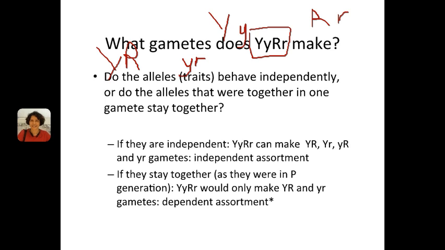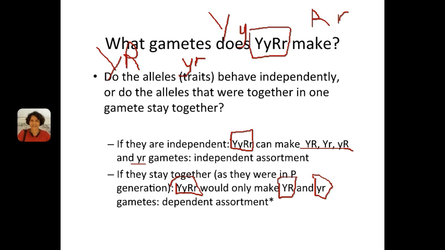If assortment is independent, then this individual, big Y, little y, big R, little r, is going to be able to make 4 different gametes, and we're going to see that more clearly in an upcoming slide. If they stay together, like they were in the parents of this individual, then this genotype would only be able to make these gametes, big Y, big R and little y, little r, just like it inherited them from its parents.